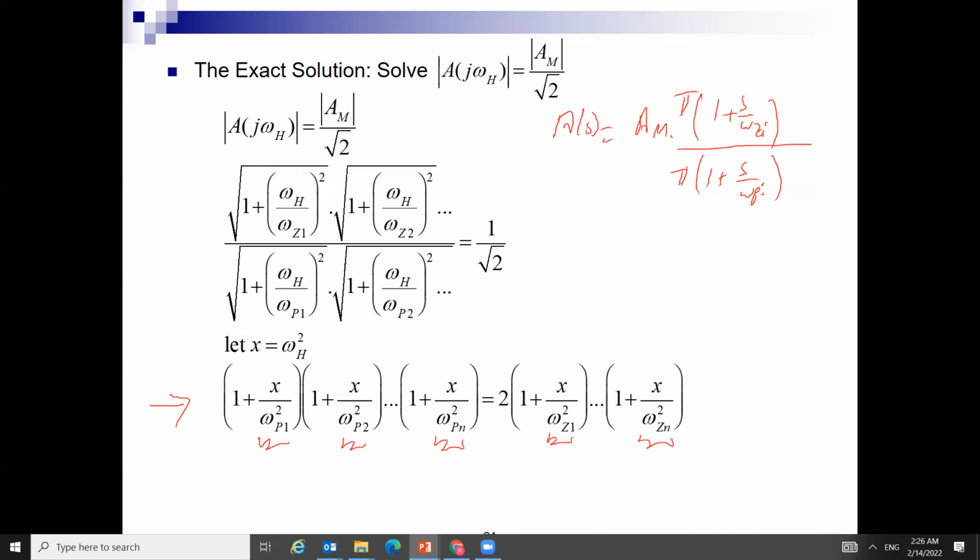Depending on how many terms we have here, we will have terms here and the same here. You solve for x and then you take the square root in order to find the 3 dB frequency.